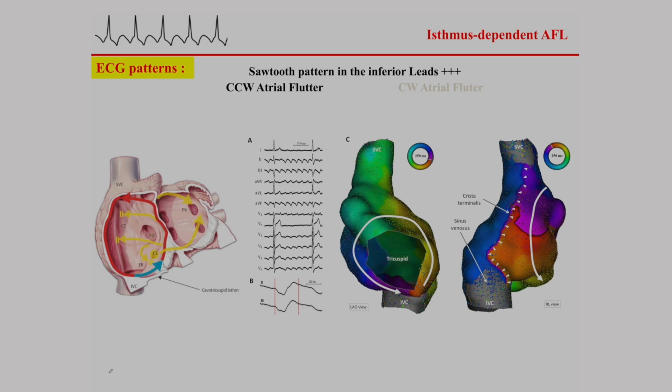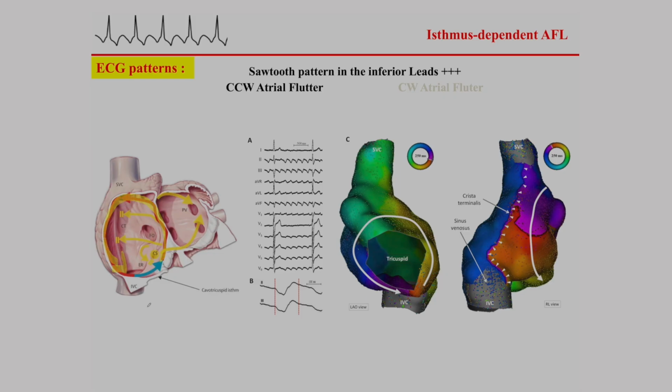As you see, on our left, the circuit of the counterclockwise flutter is a broad activation wavefront rotating in a counterclockwise direction, with ascending activation in the septum and descending activation in the lateral wall.